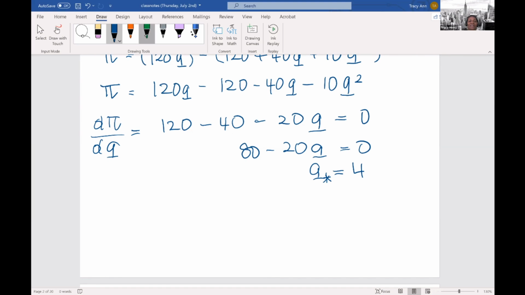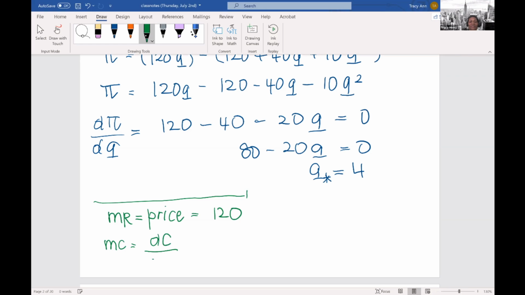Now, on the aside, for everybody, you should realize that your marginal revenue is equal to the price for the competitive firm, which is equal to 120. And your marginal cost is equal to the derivative of your cost function with respect to quantity, and that is equal to 120 minus 40Q. No, 120 minus 40 minus 20Q.